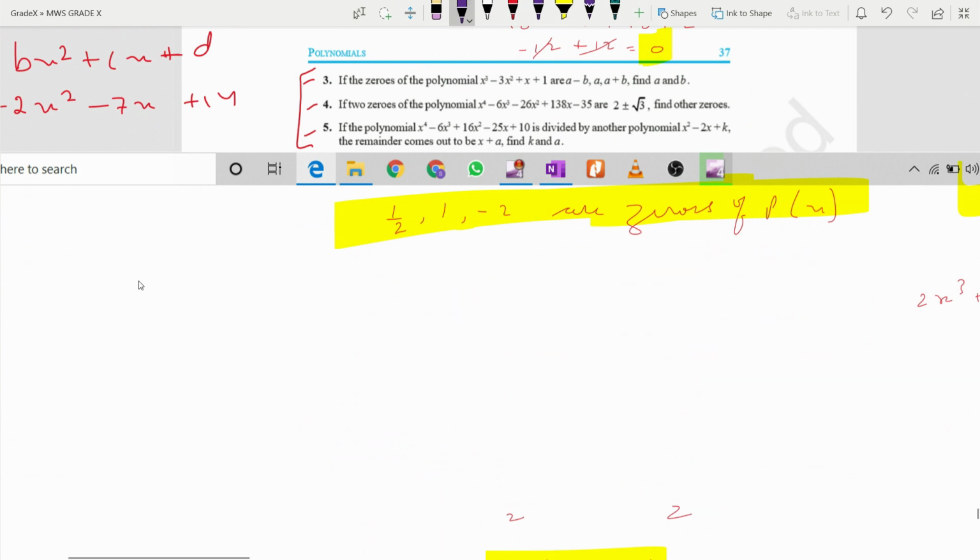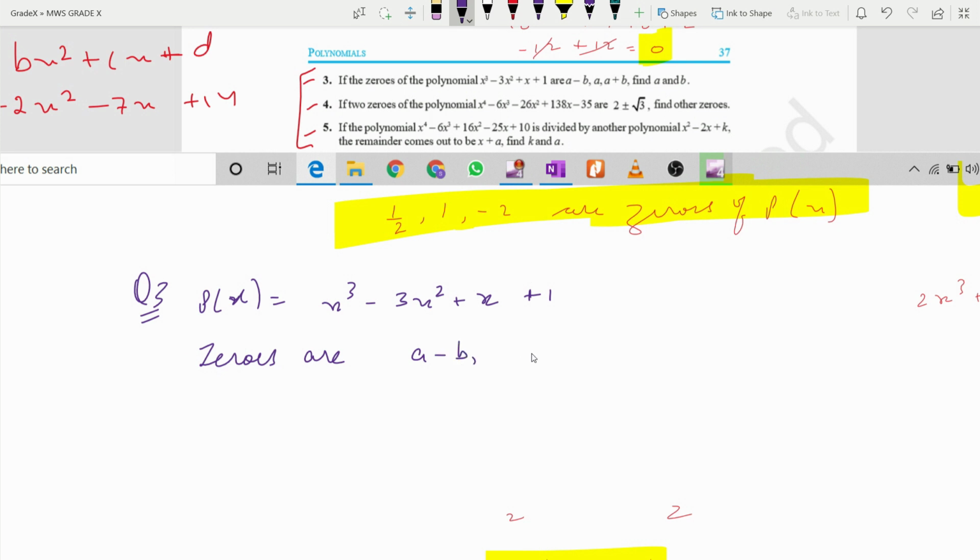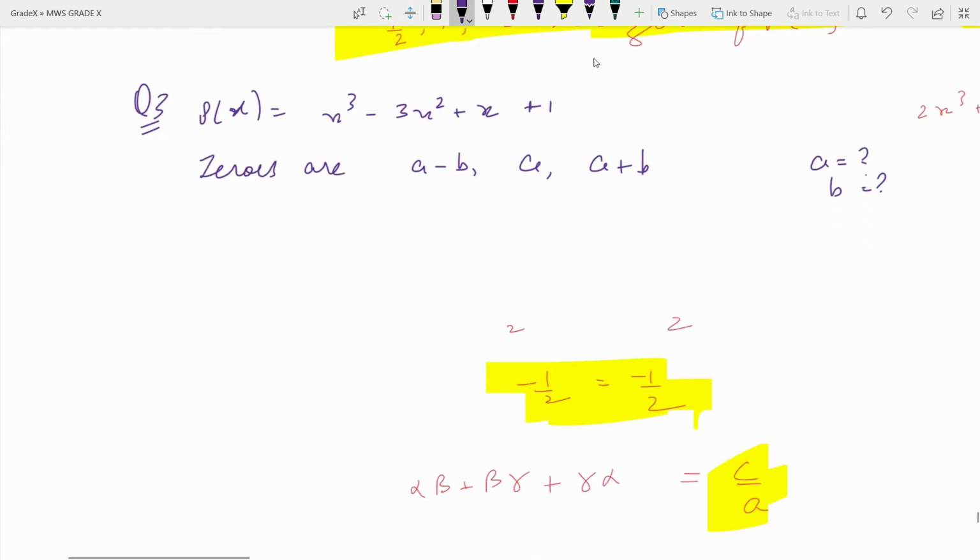In question number 3, the zeros of the polynomial, let p(x) is equal to x cube minus 3x square plus x plus 1, and here the zeros are given. Zeros are a minus b, a and a plus b. We need to find the values of a and b. Okay, let us do this question now.